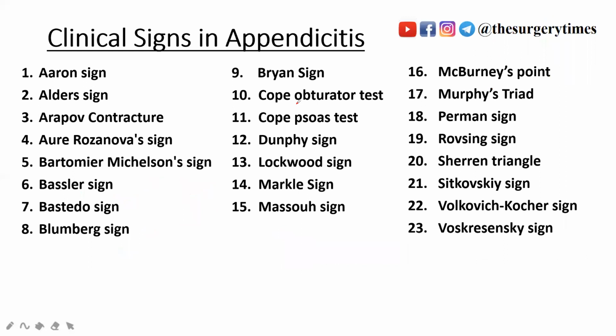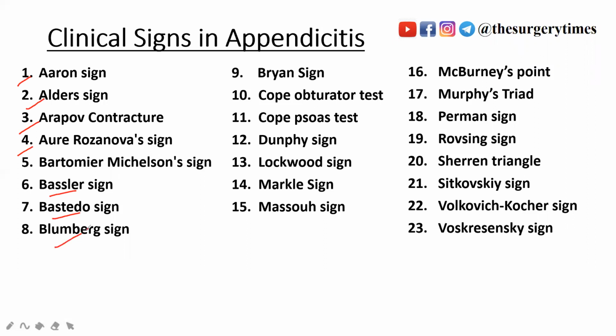All the clinical signs I have described over here, out of them 9 to 10 you know. So let's start. I have arranged them in a sequential manner, in alphabetical order, so that it will be easier for you to remember also. First is Aaron sign, Alder sign, Arapov contracture, or Rozanova sign, Bartomier-Michelson sign, Bachelor sign, Bastedo sign, Blumberg sign.